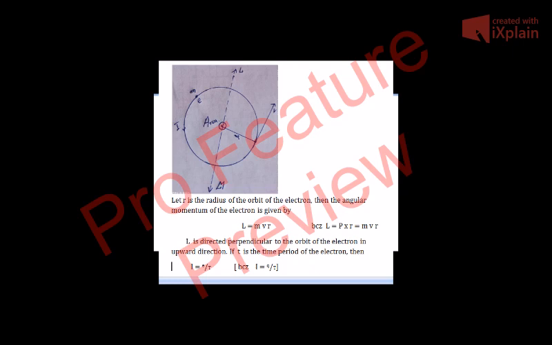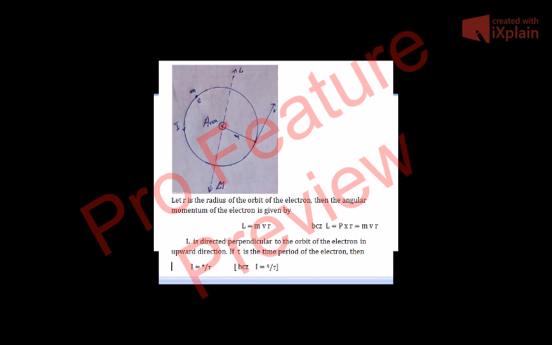So v is the linear velocity of the electron, e is the charge of an electron, and m is the mass of the electron. The electron is moving in anti-clockwise direction, so the current will also be moving in the anti-clockwise direction. Let r be the radius of the orbit of the electron.